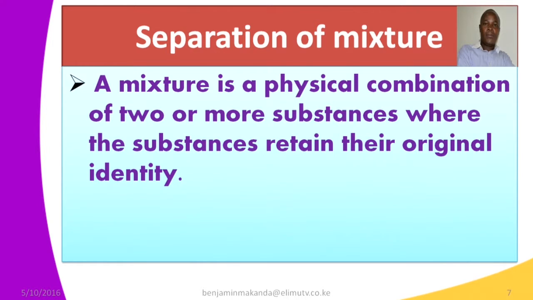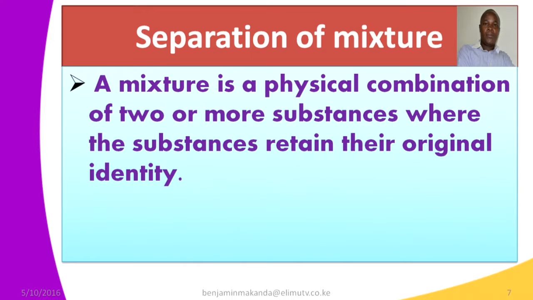If you take sand and water and you put sand into water, then because sand is denser than water, it will settle at the bottom and water will be on top. So if you separate them carefully, water will not have changed. Despite the color, water will remain water and sand will remain sand because the identity has been retained. And this is now the qualified definition of what a mixture is: a physical combination of two or more substances where the substances retain the individual identity.